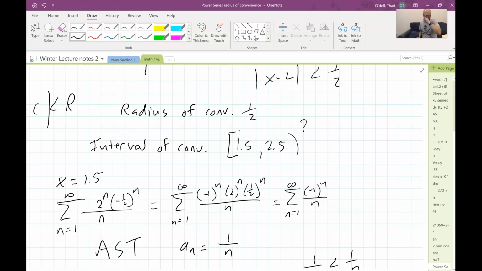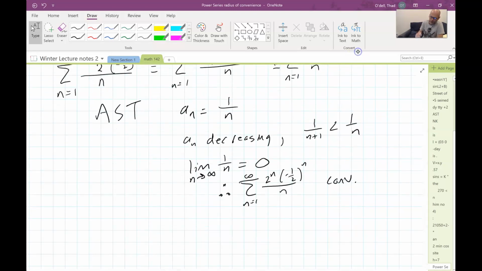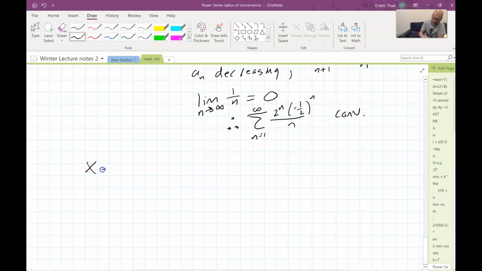And we still need to test the other endpoint. So we'll go down here and say, let's let x equal 2.5. My series is going to be n running from 1 to infinity of... no, what am I saying? I forgot what the series was. It's going to be 2 to the n over n.